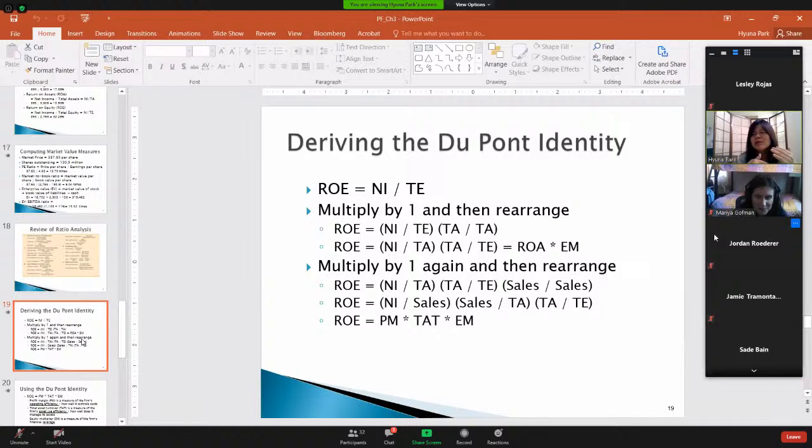And how to improve return on equity? So there are 3 areas of improving profitability measured by return on equity. And DuPont Identity was developed to identify those 3 areas where companies can improve its return on equity.